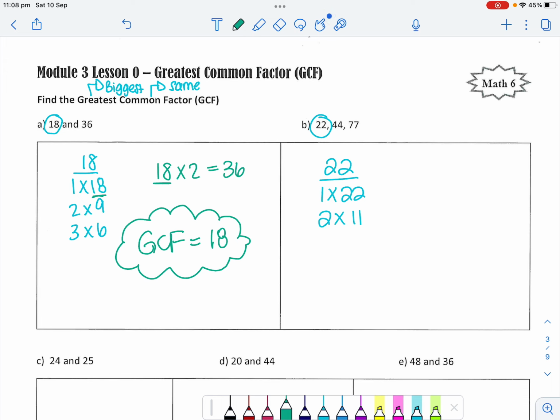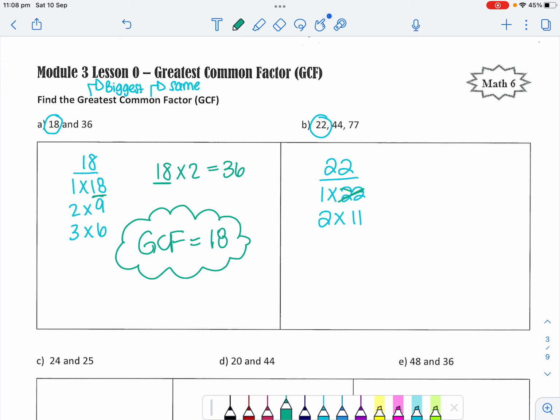Now, for a set of 3 numbers, it needs to work for all 3 numbers, not just the first 2. So when I say, does 22 go into 44? And the answer is yes, that's great, but I still have to ask the question, does 22 go into 77? And the answer is no. So when something doesn't work, I'm going to cross it out. So 22 didn't work, I'm going to cross it out.